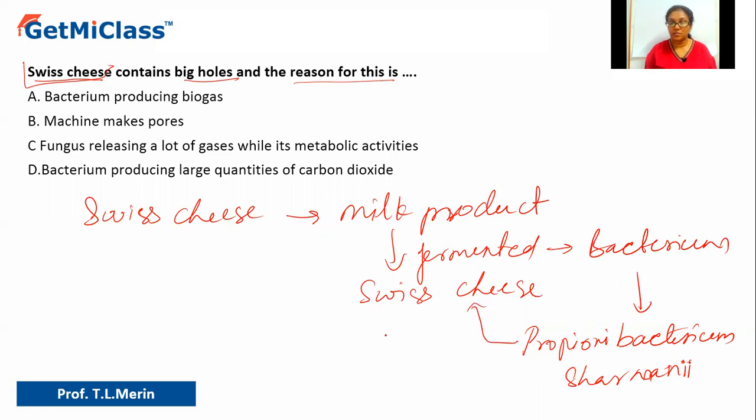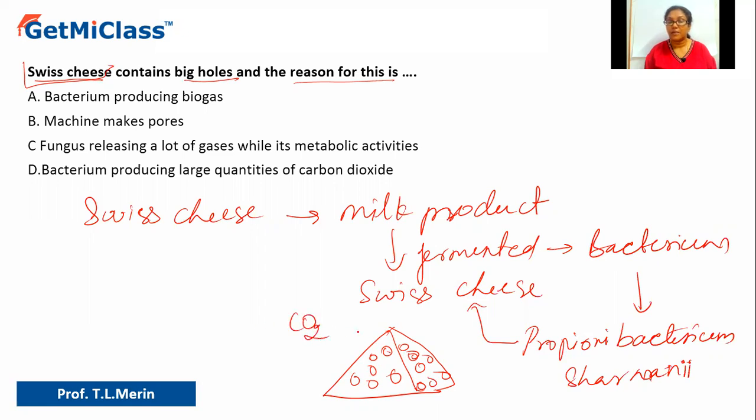And during this process of fermentation, when the milk is getting converted into the cheese, what happens? When you see the end product, you can see lots of holes. What is that? These holes are nothing but the formation of carbon dioxide.